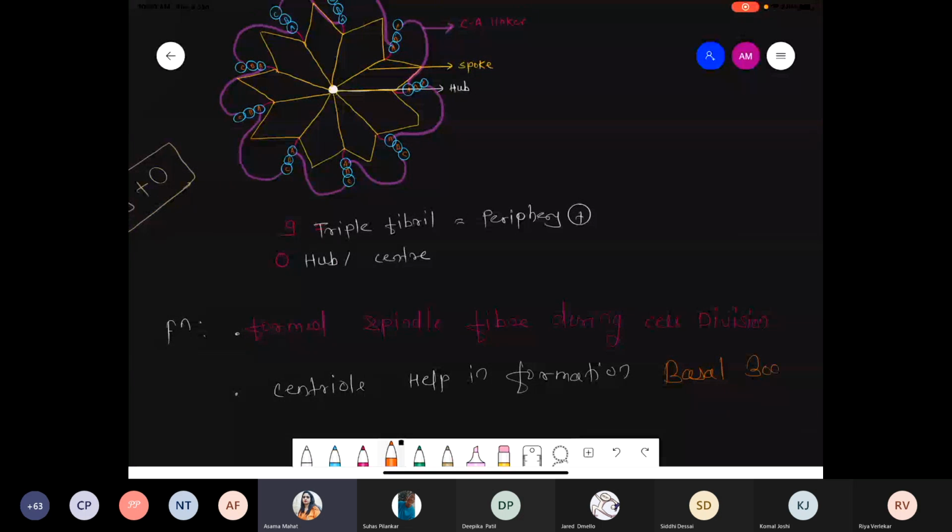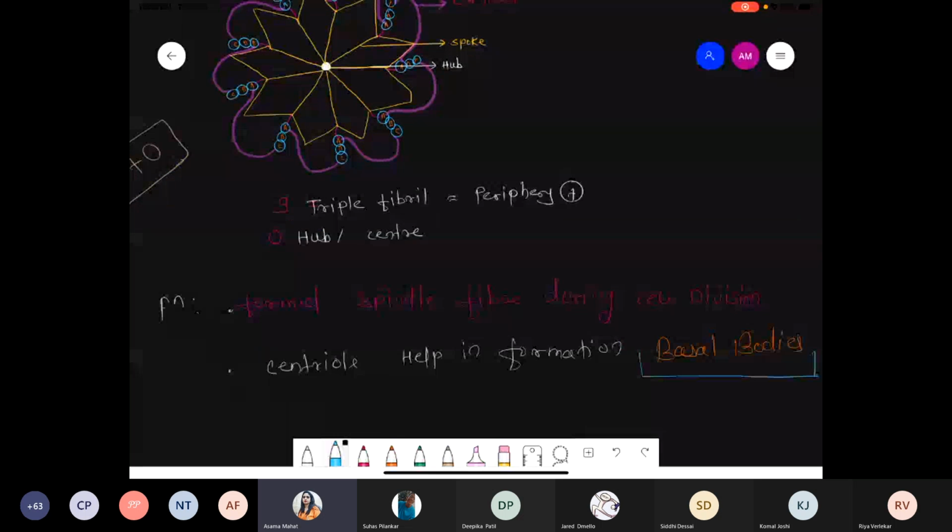Only basal bodies, because a flagellum consists of the base, hook and filament. Similarly, in eukaryotic cilia and flagella, the base is called the basal body. So basal bodies of cilia and flagella, and you know very well cilia and flagella help in locomotion. Please remember, the centriole will not help in the entire structure.